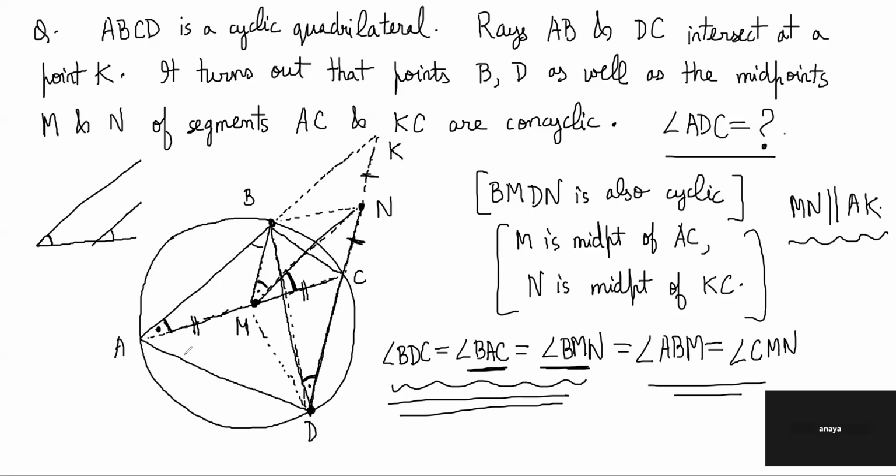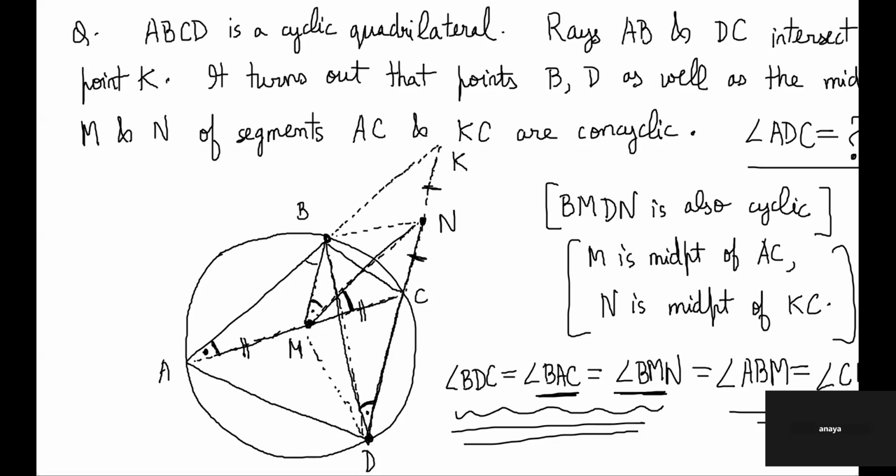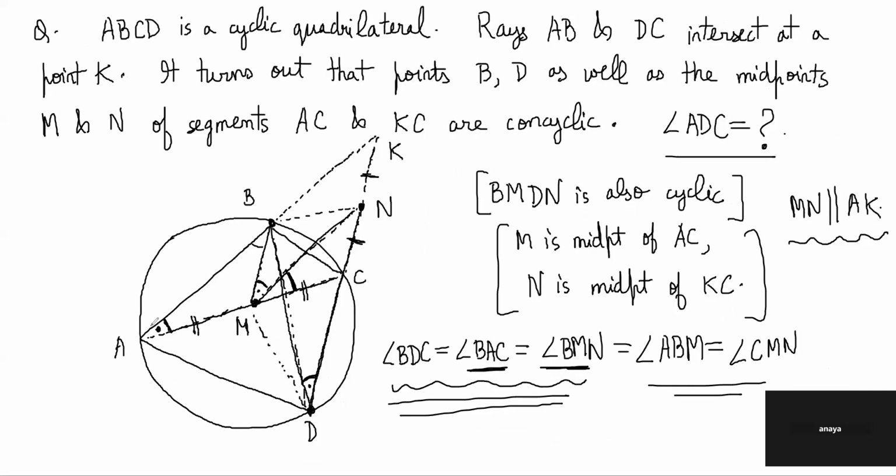Can you see in the figure that 2 of the angles are in the same triangle? You cannot see that this angle is equal to this angle in the same triangle.